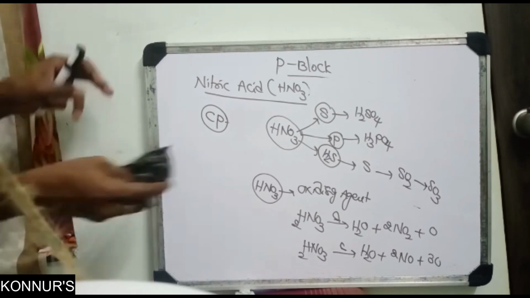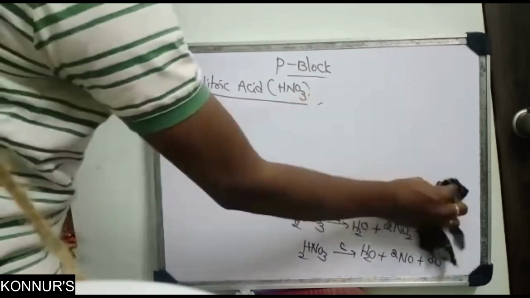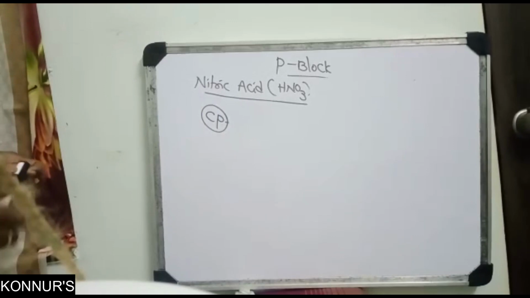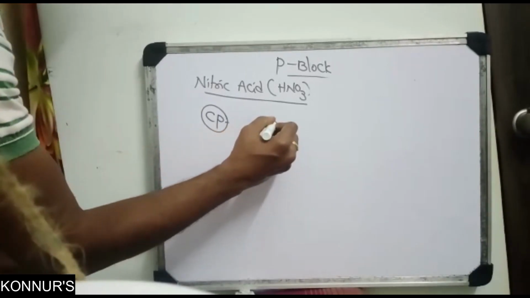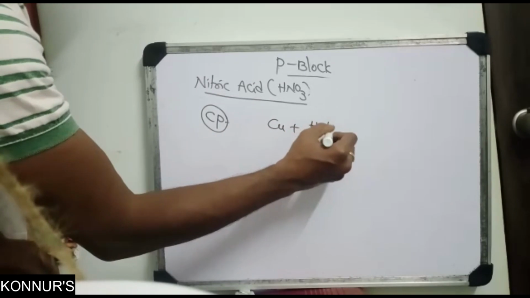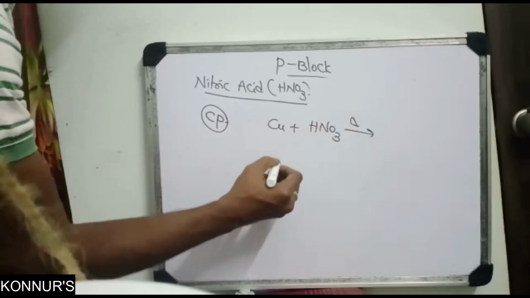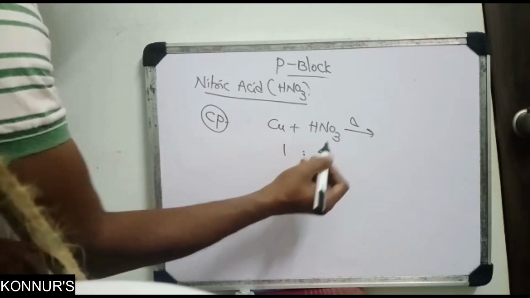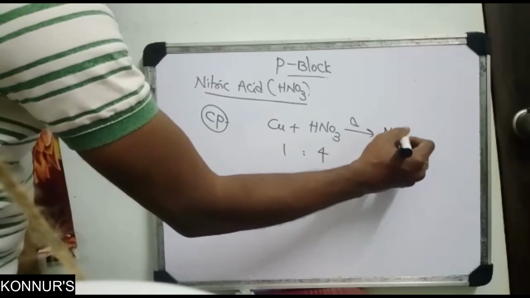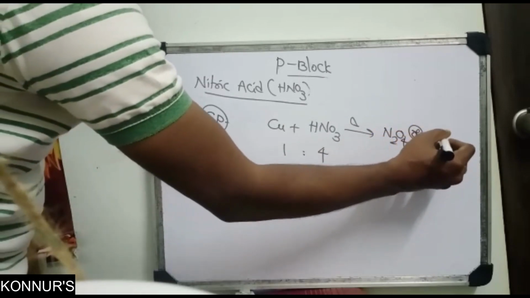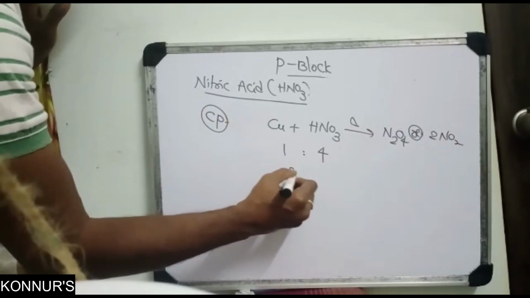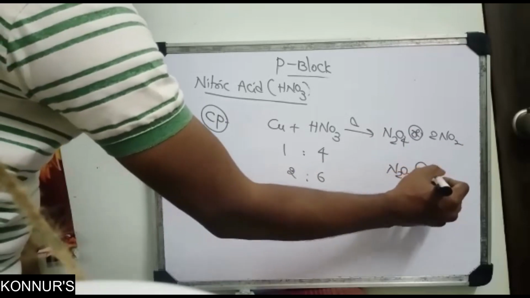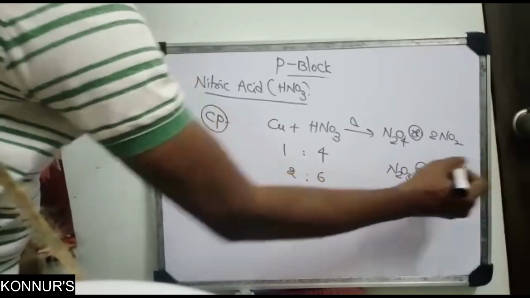Next, famous, already we saw in the previous class, the nitrogen oxides possibilities. How is that coming? Copper plus HNO3, they are heated. So that is 1:4 ratio, you are getting N2O4, otherwise 2 moles of NO2. 2:6, you are getting N2O3, otherwise NO plus NO2.